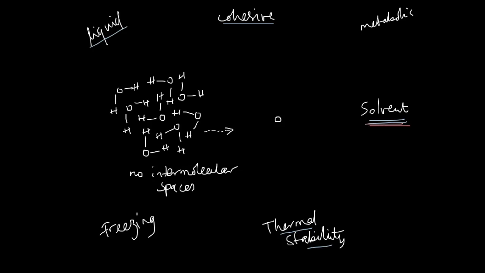So it will start to take up a very regular kind of arrangement where every water molecule is trying to maximize the number of bonds it can make with other water molecules. Now, as this structure continues, it forms a very regular lattice structure. Okay, so this structure can just keep on continuing as it would in the lattice.